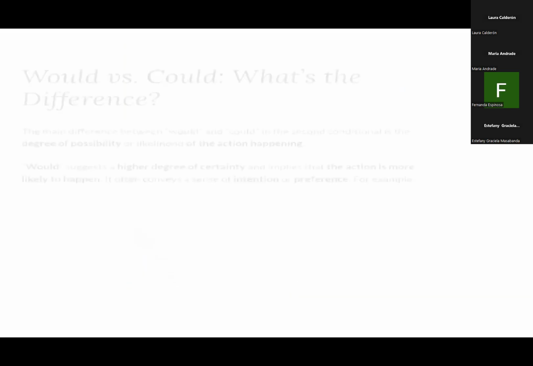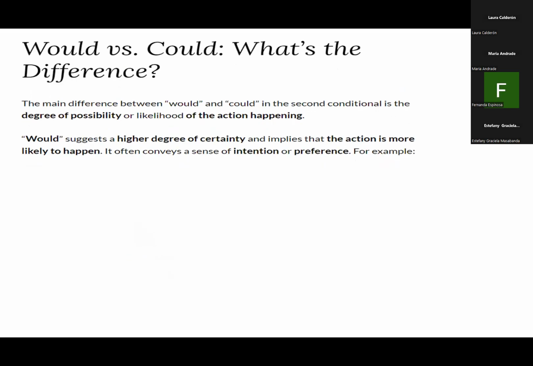We're going to look at the difference between the modal would, the modal could, or might. In the second conditional, we can use could or might for the same thing. So there is no difference in that. But there is a difference between would and could or might. The main difference between would and could in the second conditional is the degree of possibility or likelihood of the action happening.